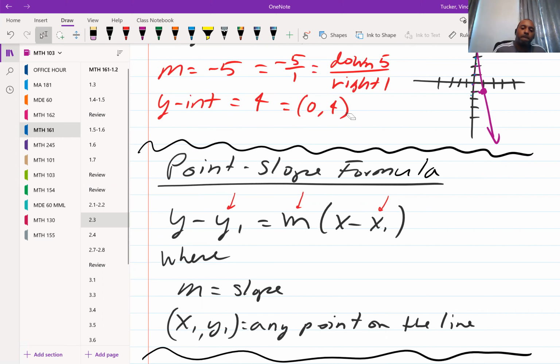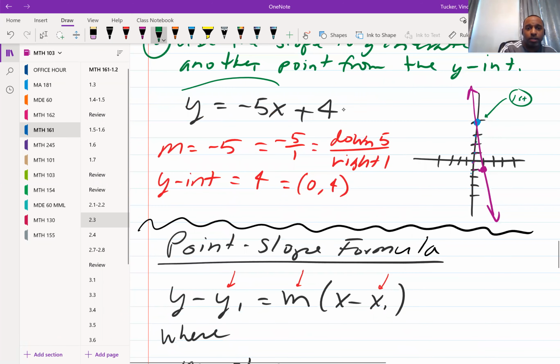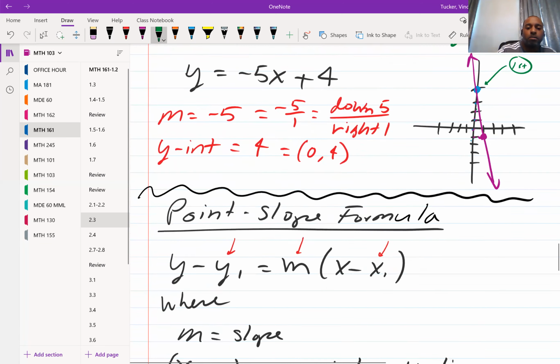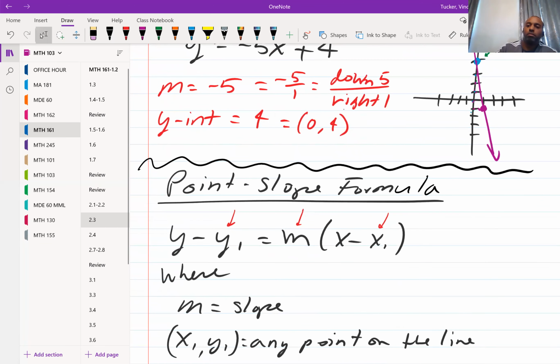So notice we're plugging in for y1, m, and x1. y and x should still be a part of your equation. If you go back here, notice y and x was still a part of the equation. So we're plugging in for x1, y1, and m.